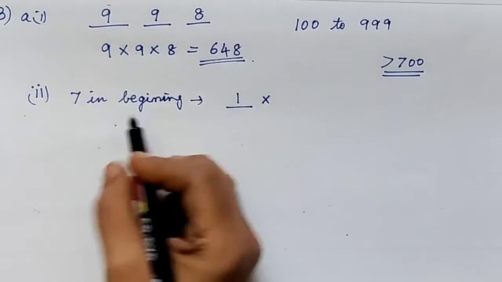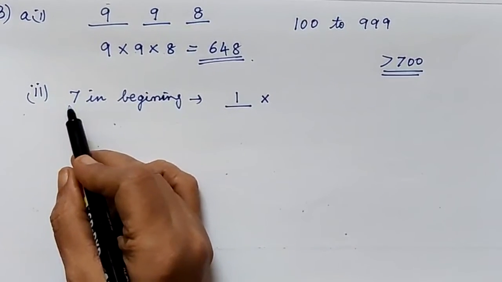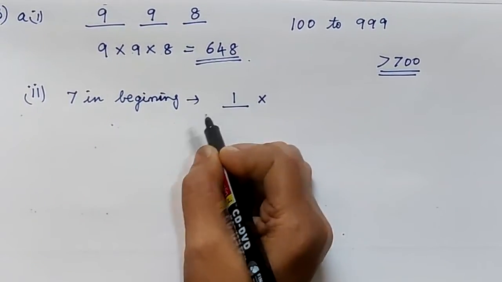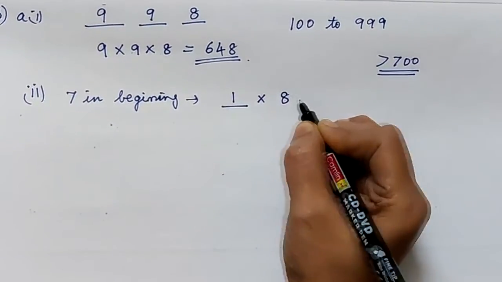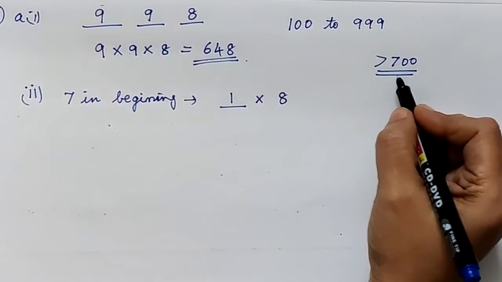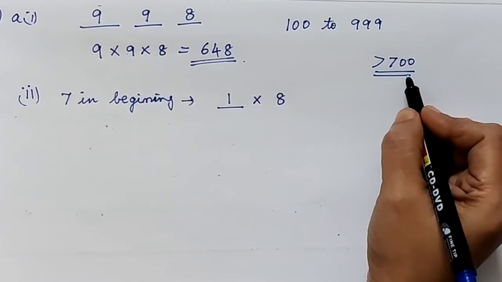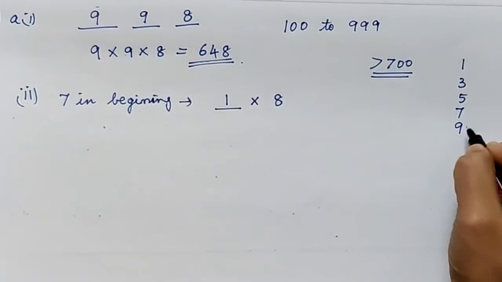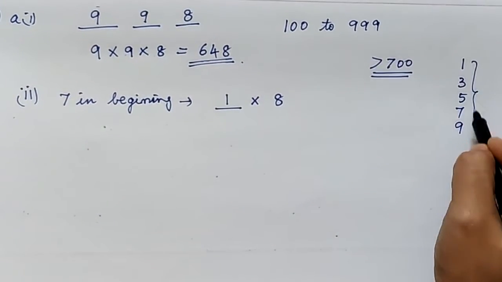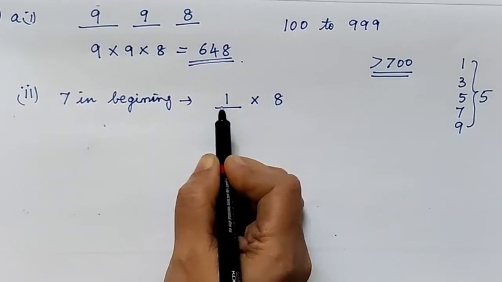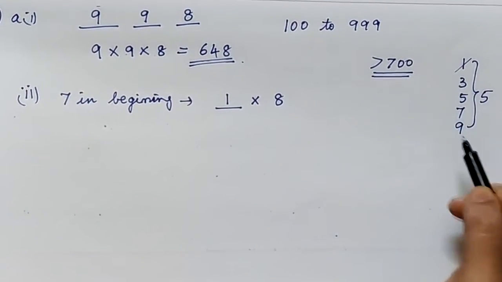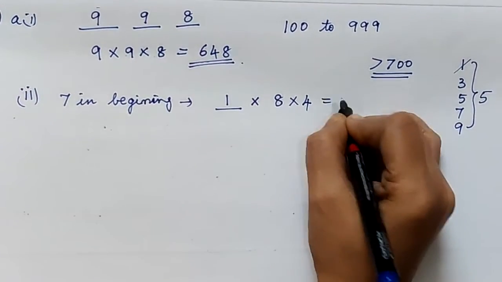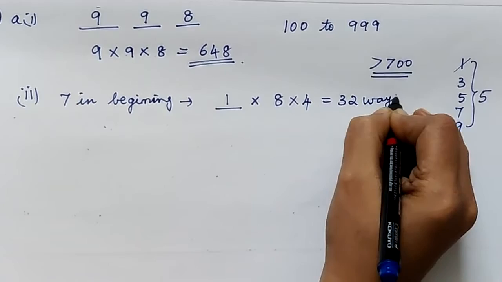Then when we have fixed the 7, then among those 9 numbers, we have selected one number already. So it will be an 8. And then we need to have an odd number. Odd numbers are only 1, 3, 5, 7, 9. So these 5 numbers are odd numbers. In this, 1 is already selected. So how many are remaining? So into 4. So it will be 32 ways are there for this.